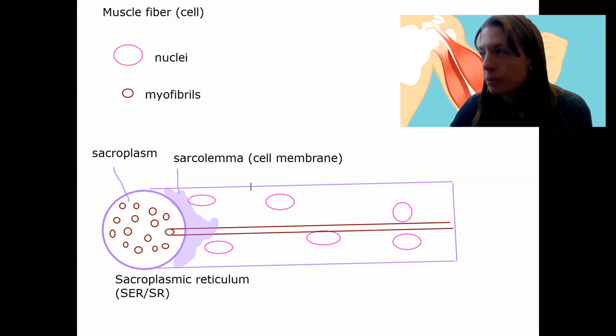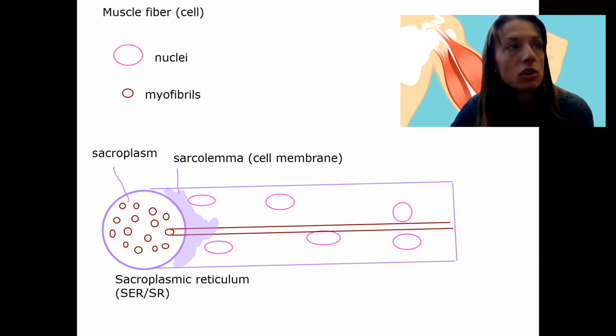What else? The other thing you'll see along this muscle is striations. Skeletal muscles as well as cardiac are striated, and that means that there's stripes. Let me change the color here. There we go. Stripes.